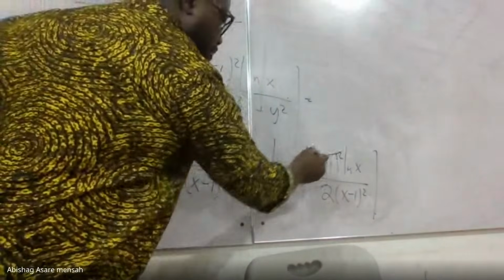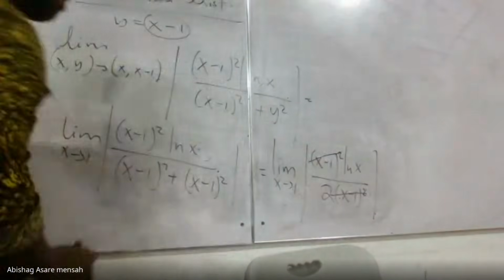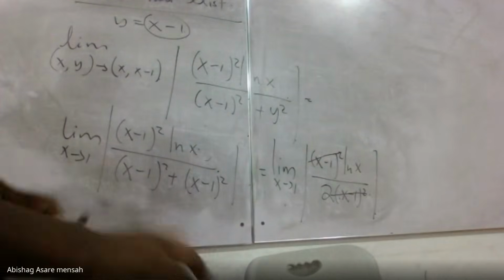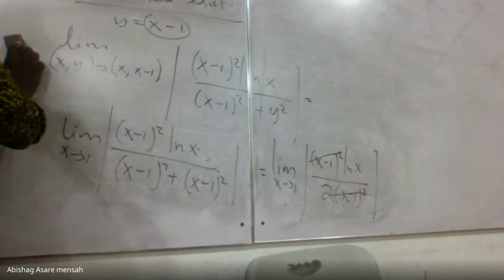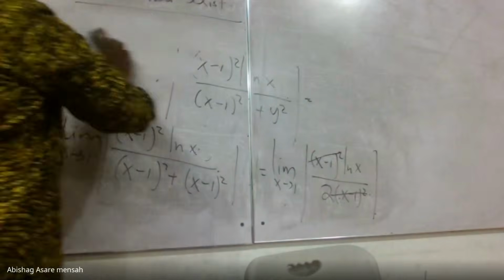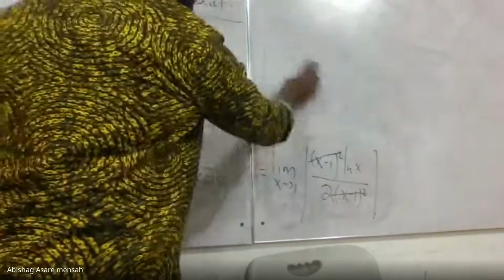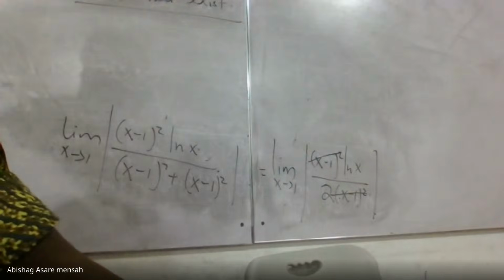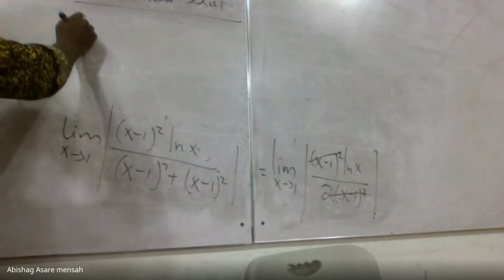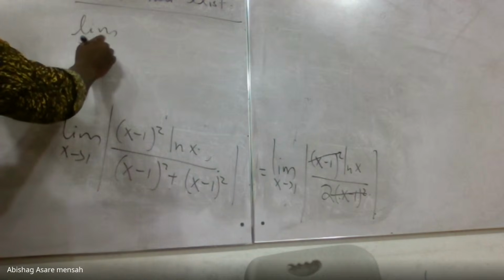So this and that go. Look at that. So I'm now left with the limit as (x, y) approaches (1, 0).